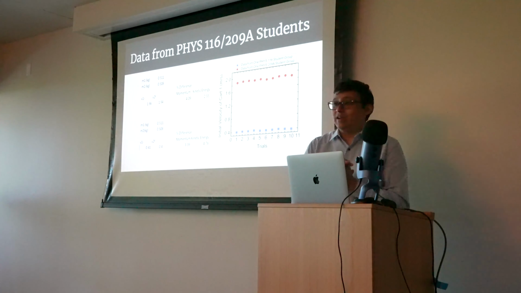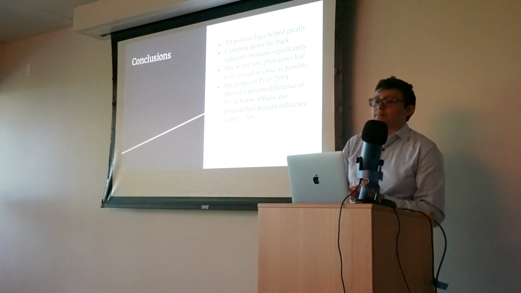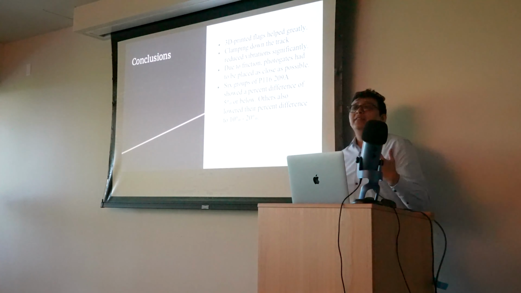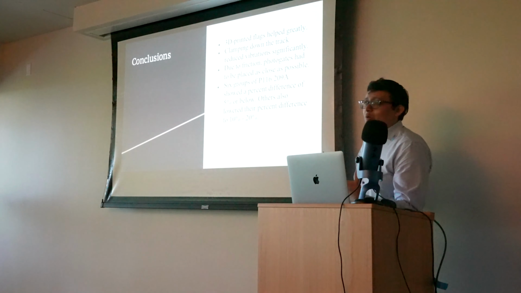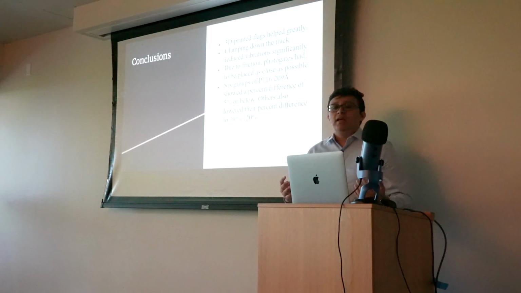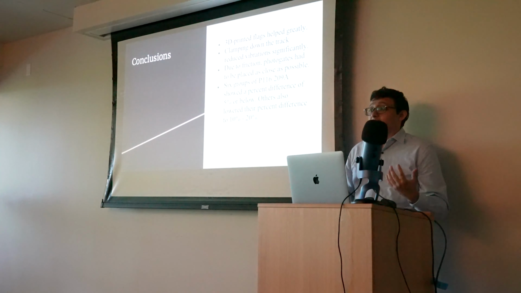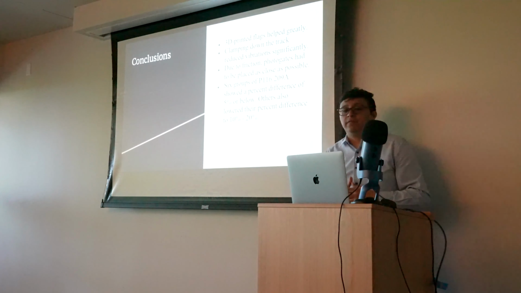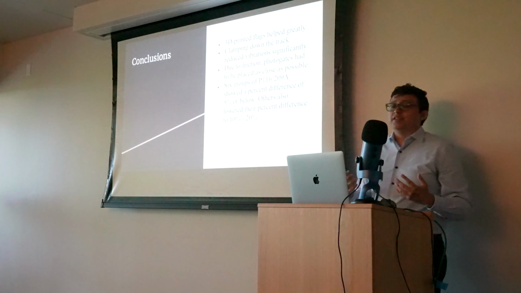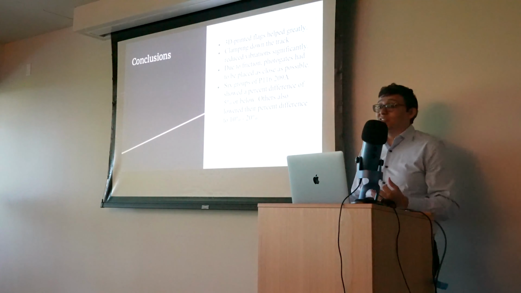Great. What we needed. My conclusions for this is when we 3D printed this, it helped greatly. We got the results. And when clamping down the whole track, it reduced the vibrations significantly, which got us the answers that we were looking for. And well, due to the friction, the photo gates have to be placed as close as possible.